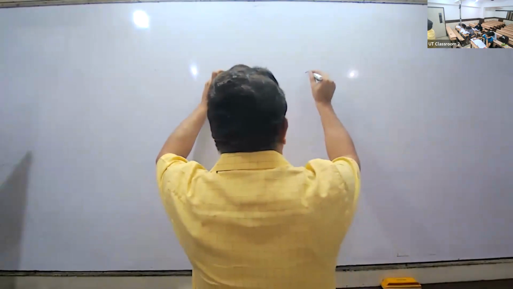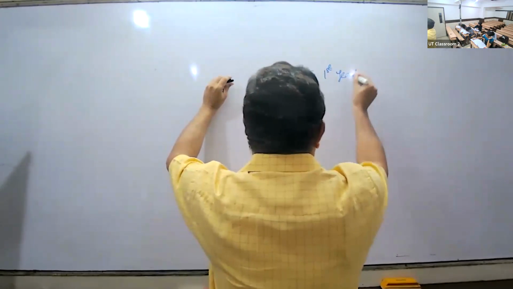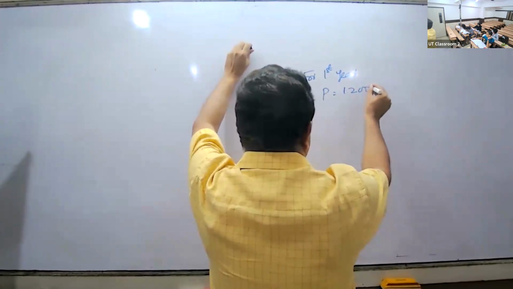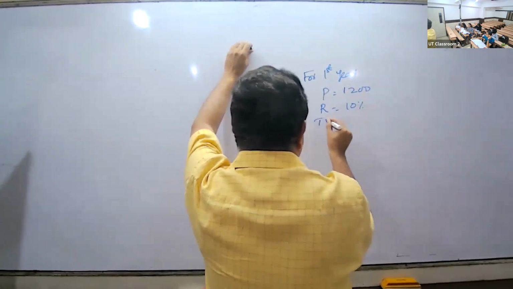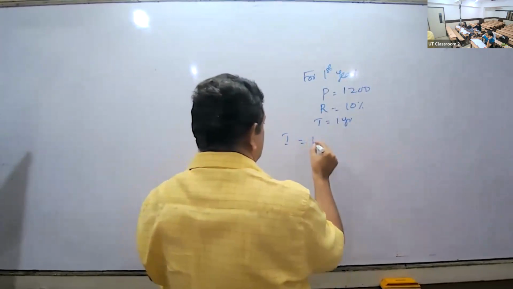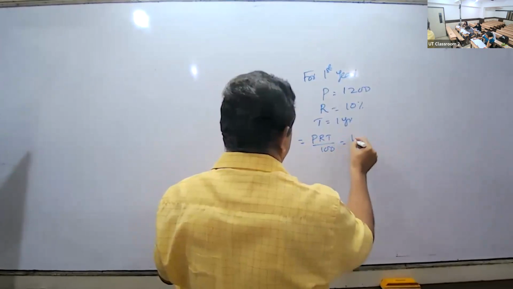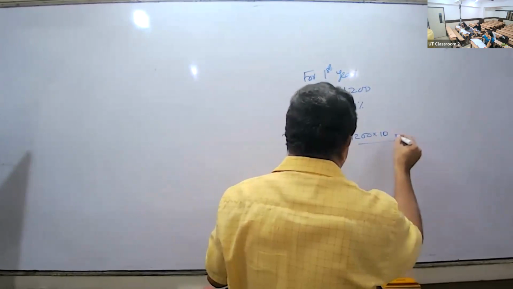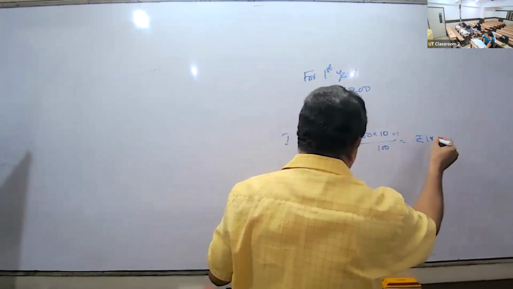For the first year, what is the principal? 1,200. Rate 10%. Time is always, remember, 1 year. Therefore, I is equal to PRT upon 100, which is 1200 times 10 times 1 upon 100, which is equal to rupees 120.